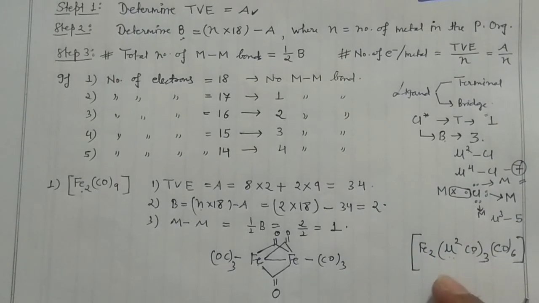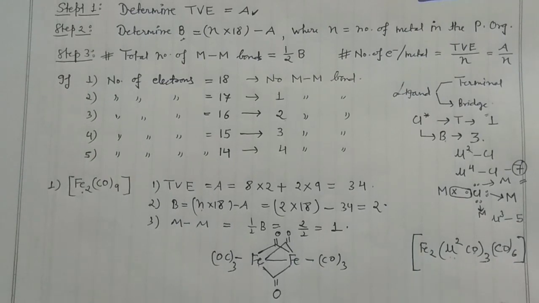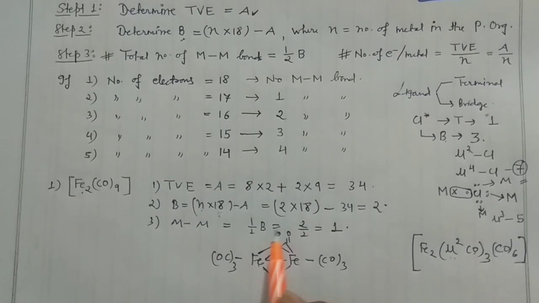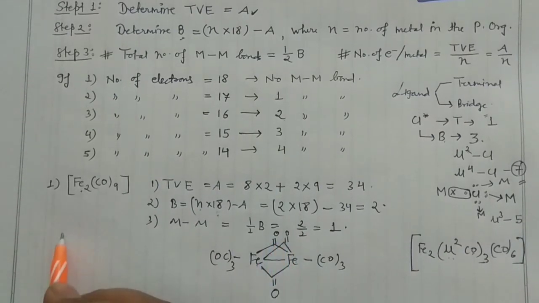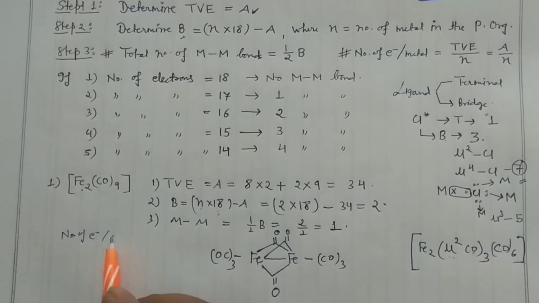Okay, if you want to know whether this is following the 18 electron rule or not, it's quite easy. I have already used this particular formula. That means it is following the 18 electron rule. If you want to know the total number of electrons per atom, you can write number of electrons per metal.